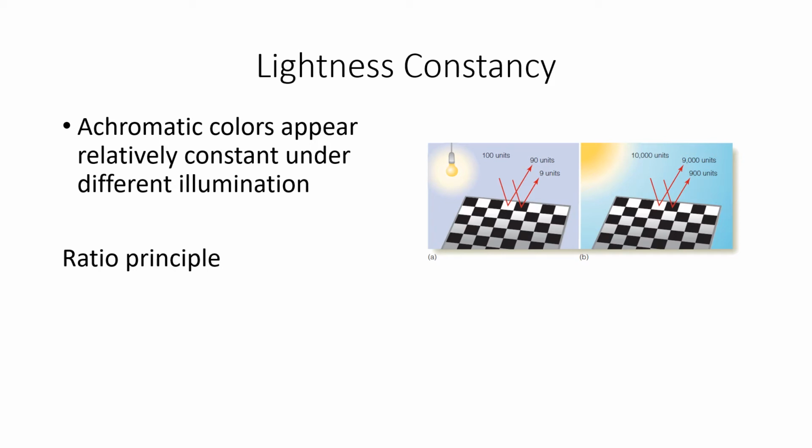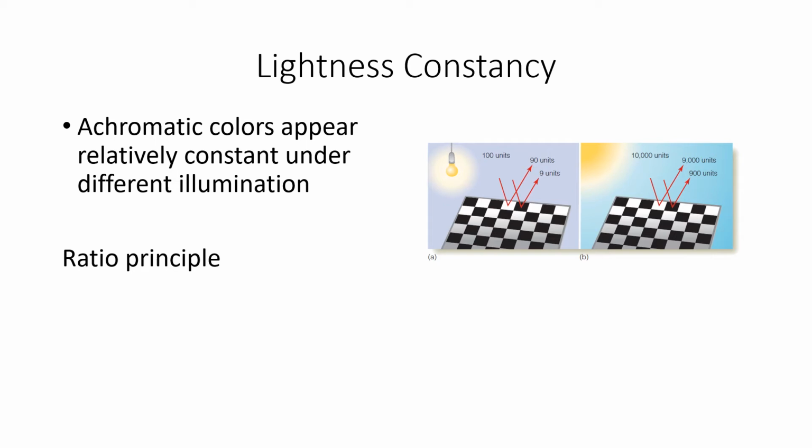Okay, so with the different shades of gray, I'm going to move between those, right? Well, move that checkerboard out to the sun where you have 10,000 units of light being shown down on it. And now the white is still reflecting 90% and the black is reflecting 9%. And so now the white is at 9,000 units and the black is at 900 units. And again, we're going to see the white and black checkerboard.